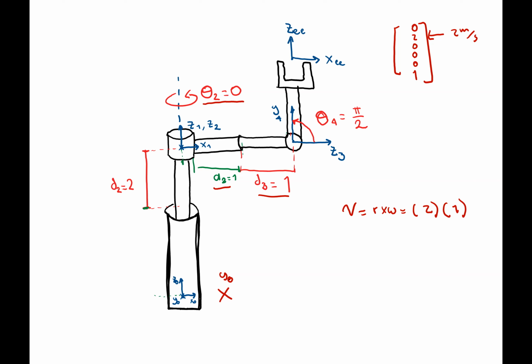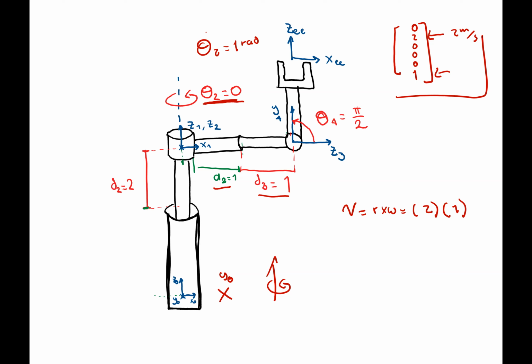And for the angular velocity, since this is the only joint that is moving, theta 2 dot is moving with 1 radian per second, and it's rotating around the z axis of our manipulator. So in the end, this answer makes sense.